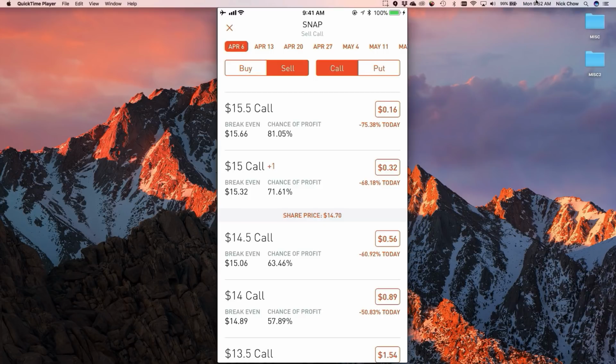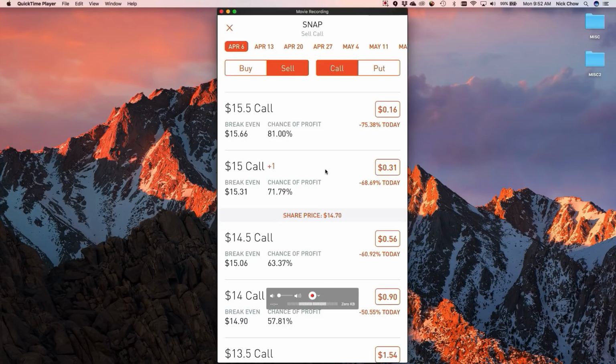So on Friday, if Snapchat's still below $15, the price is going to get lower and lower the closer we get to expiration until it's eventually zero at market close. And if it moves further away, let's say Snapchat goes from 1470 down to like 1350, because we're this close to expiration, these are pretty much going to be worthless. So keep that in mind.